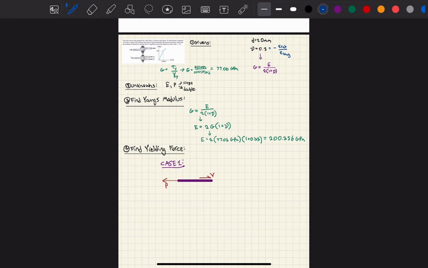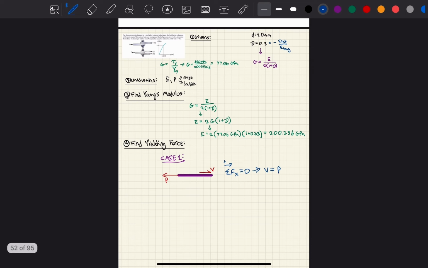So if we do a simple force summation in the x direction, we say this is positive, we're going to see that V is equal to P, and then we can simply find our force. How are we going to do this?